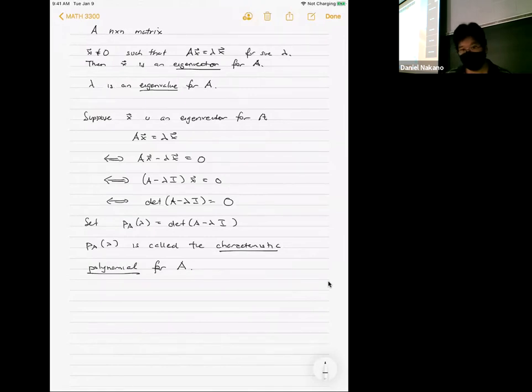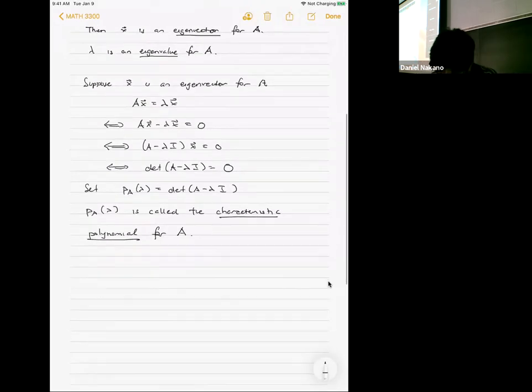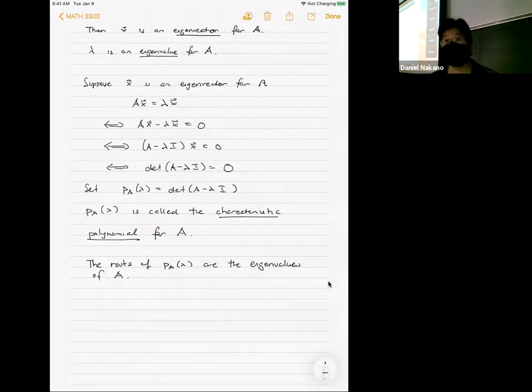We'll do some examples in a second. The main point is the roots of P_A of lambda are the eigenvalues of A. We form this polynomial and look at the roots. Those are precisely the eigenvalues.